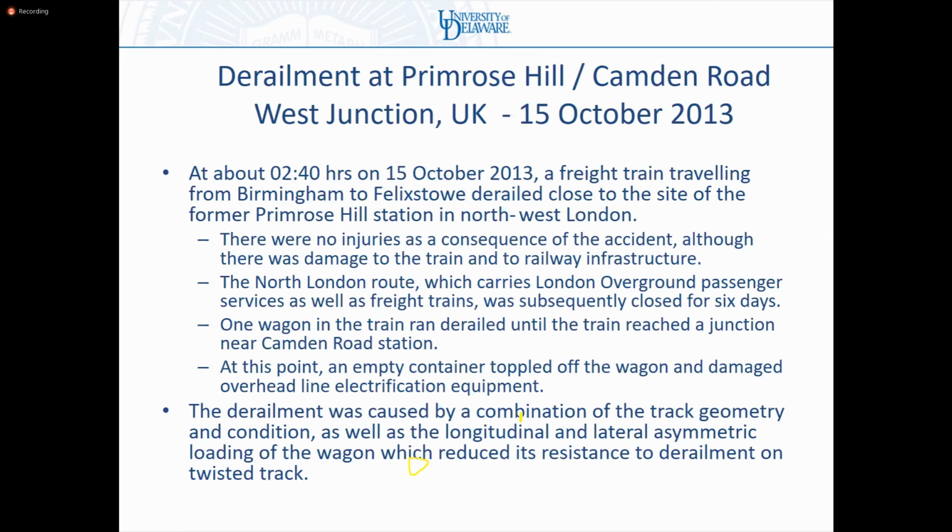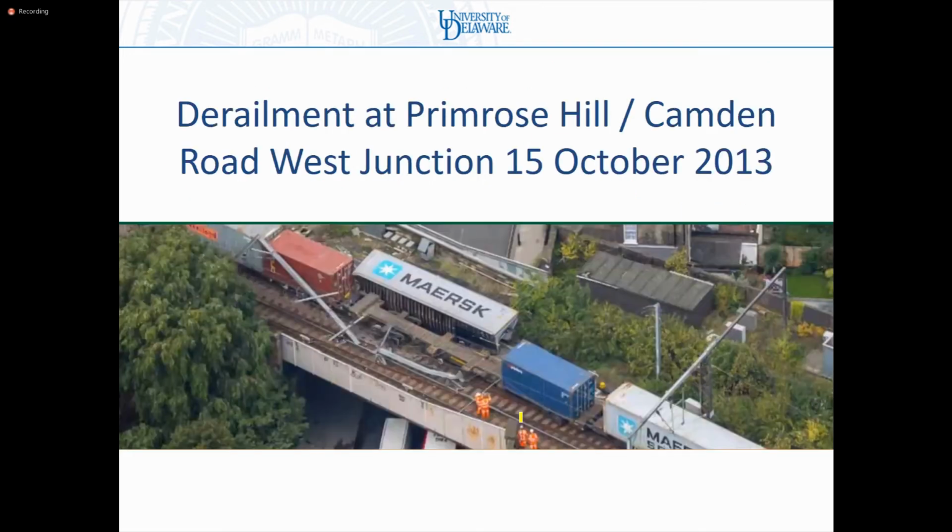Track geometry problems are present in at least half of the track train dynamic derailments. There's usually some sort of track geometry condition that contributes to this one. So in this particular case, we had a derailment of a freight vehicle, and then we had a container falling off of a flat car.